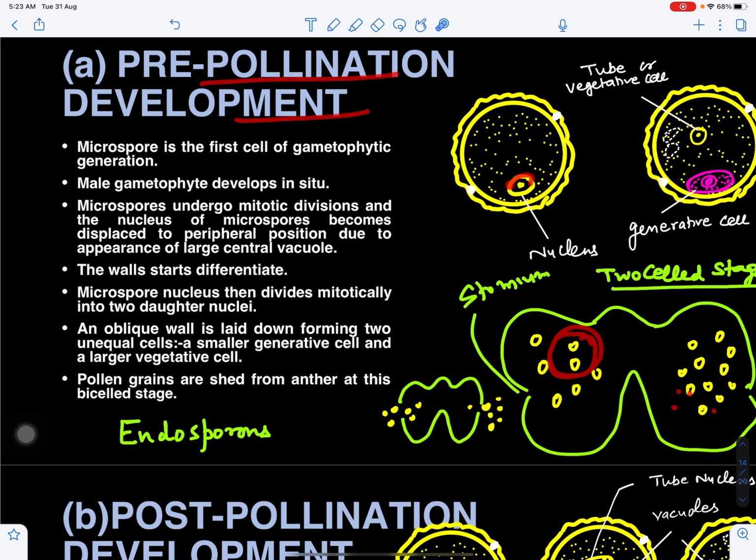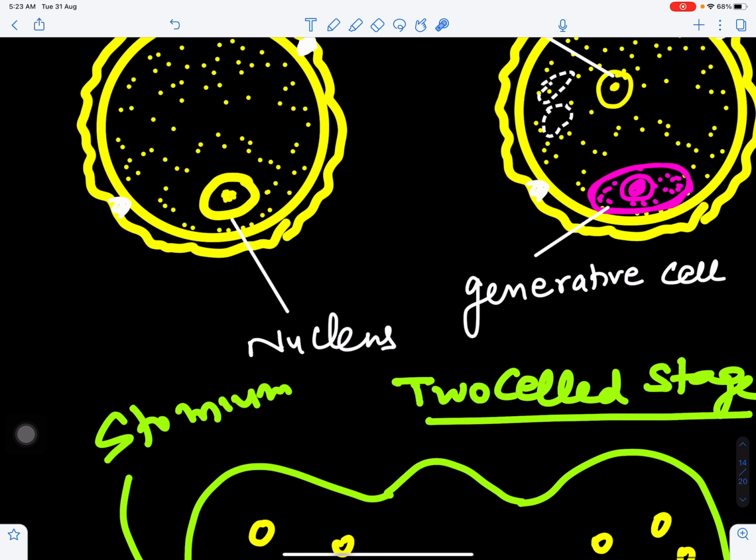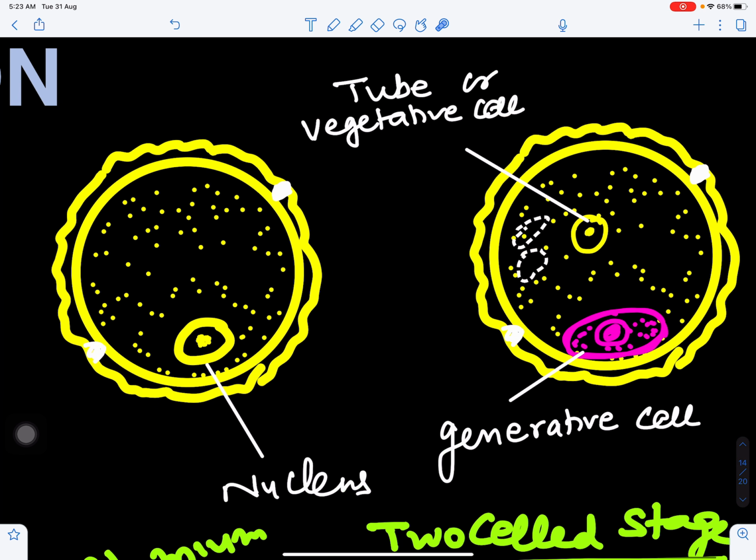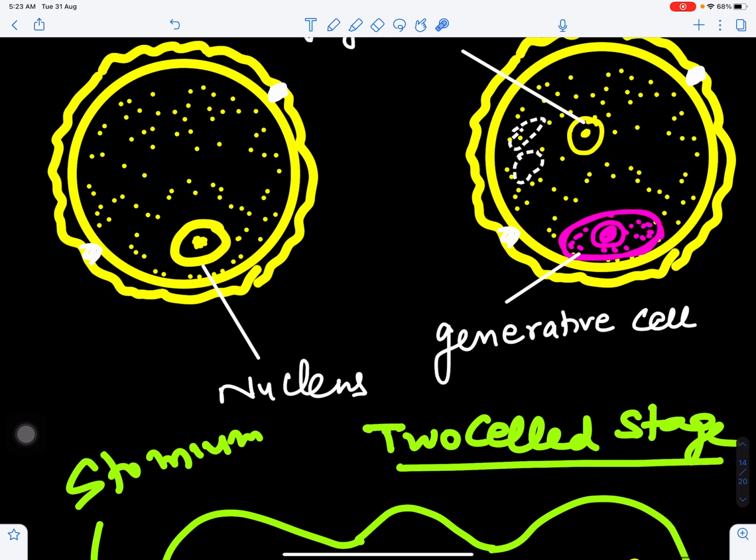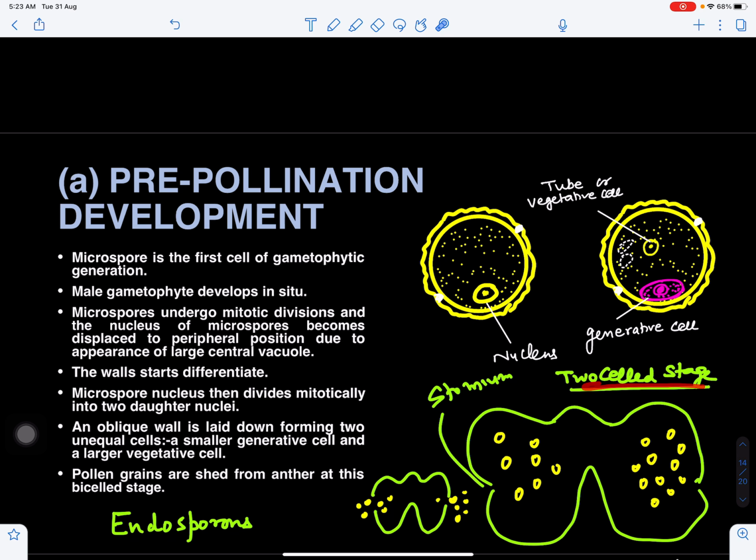Now, this nucleus, as we discussed, will undergo mitotic cell division to form 2 nuclei. This is called the tube nucleus or vegetative cell, and this is called the generative cell, which is going to form the male gametes. This is the 2 cell stage, having the tube or vegetative cell and the generative cell, right? Now, pollen grains may be liberated at the 2 cell stage, or they may be liberated at the 3 cell stage, where the development of male gametes occurs inside the anther only.